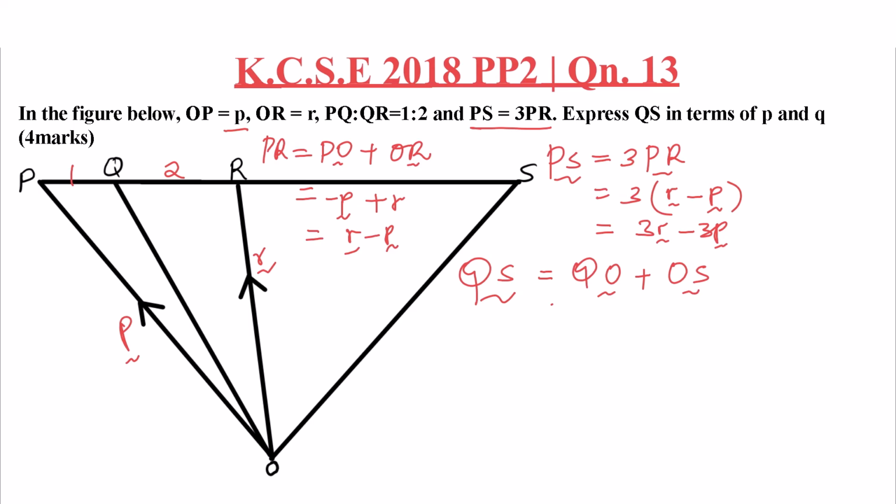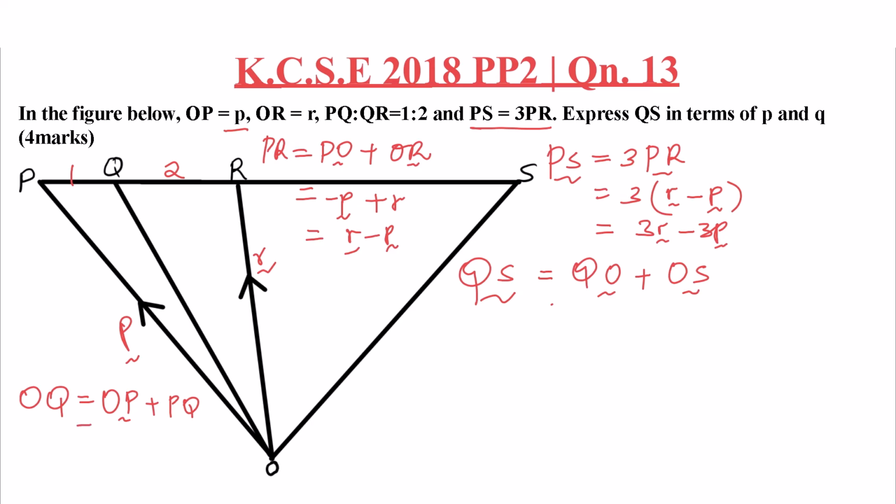For us to get QO, the best vector to use is OQ. So OQ is equal to, you want to move from O to Q, so you follow this route from O to P, then from P to Q.